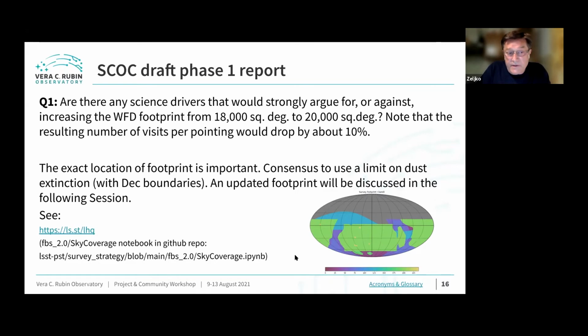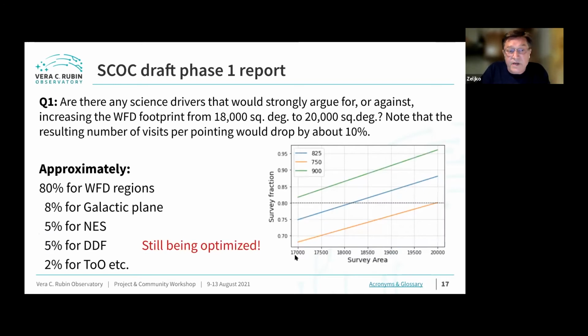In the end, the most important conclusion is that we decided to define the wide, fast, deep survey by a limit on interstellar dust extinction that will serve extragalactic science, and with 2 declination boundaries. And then, given this, there are additional areas, I think it's on the next page, that formally are also part of the main survey, but because of technical reasons, we carry them under different names.